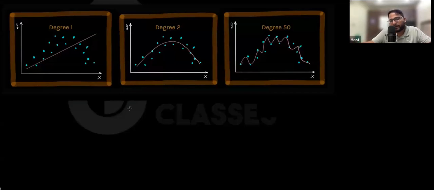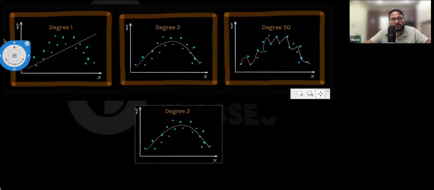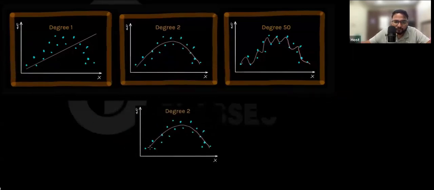So it means that, given this data, let me just write it here. Suppose this data is given to you. You will say that this data is always having some noise.